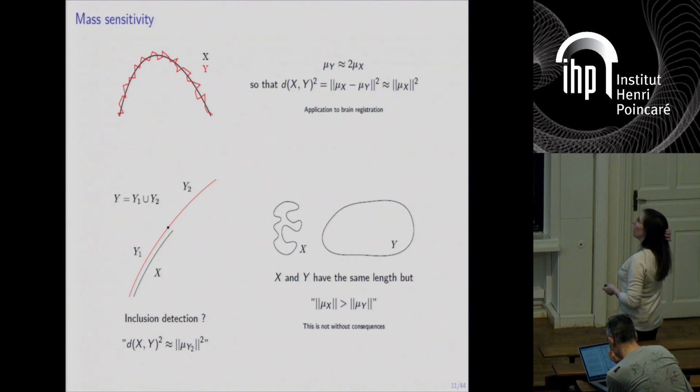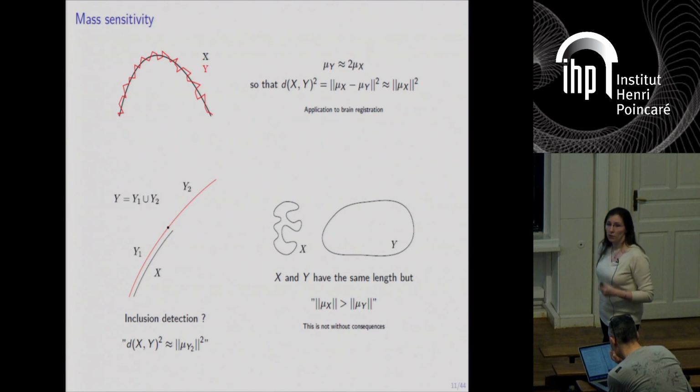So some properties regarding the mass sensitivity. You have here a shape y that is noisy, and you can assume that the length of y is almost twice the length of x. Then when you integrate locally the mass of y against x, you find twice the quantity of mass.